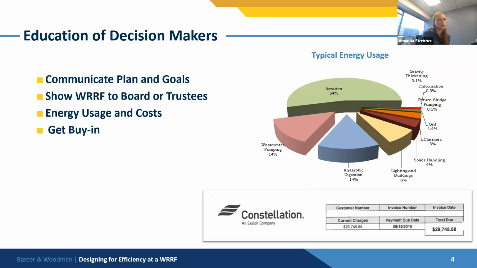So your advisors and the decision makers need to understand where all of the improvements are going to be impacting your treatment plant, and a lot of that can come down to energy.